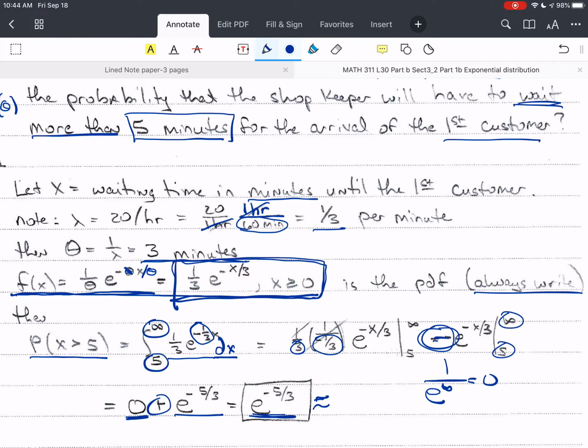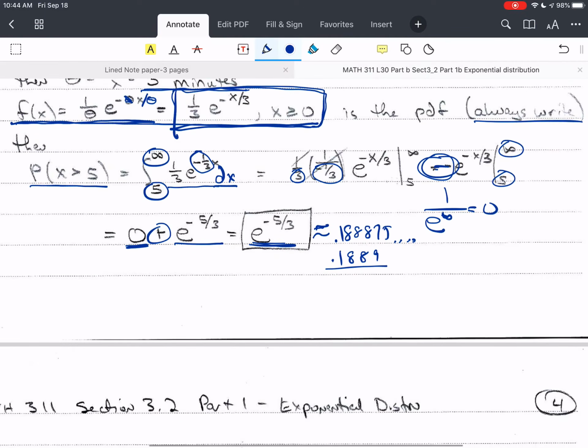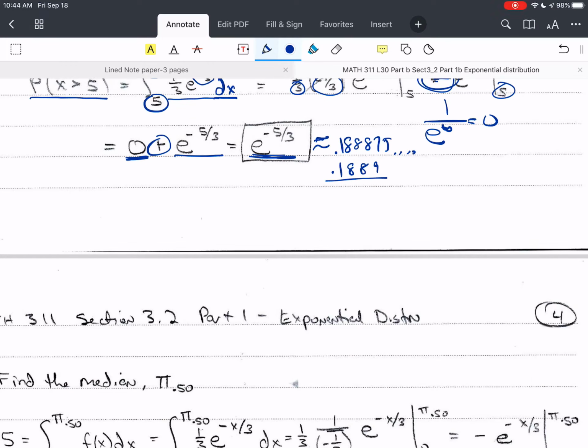And so e to the negative 5 divided by 3 gives me 0.18875. Okay, so 0.1889 would be to 4 decimal places. All right, and sometimes we like the decimal places, but I want to see that you know the exact answer as well.